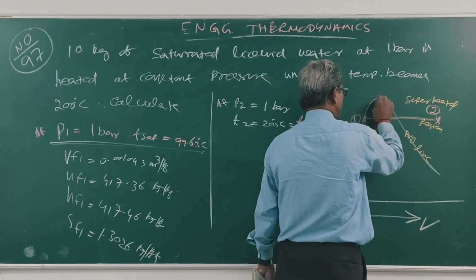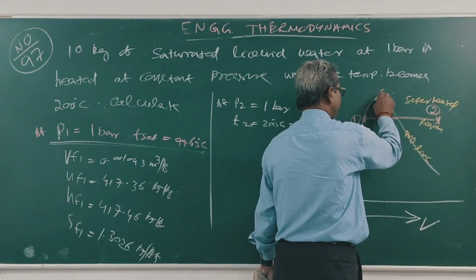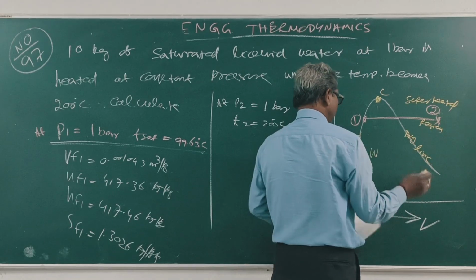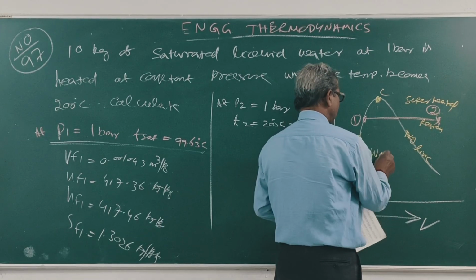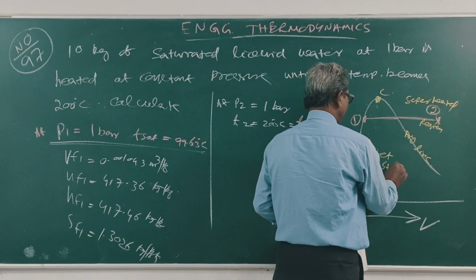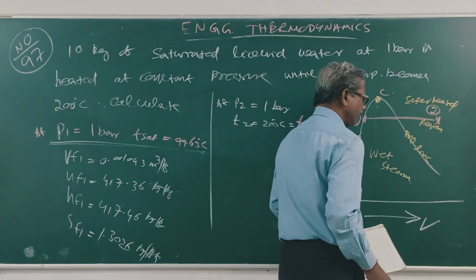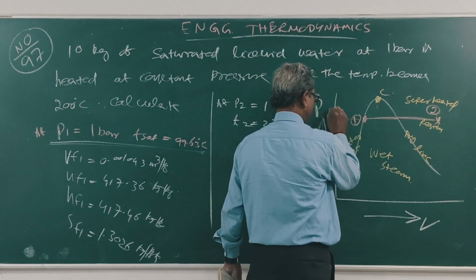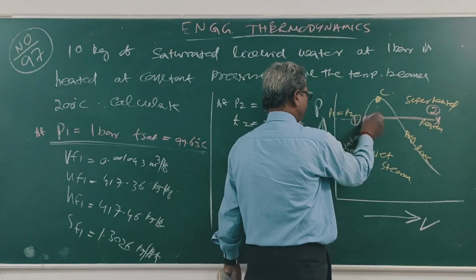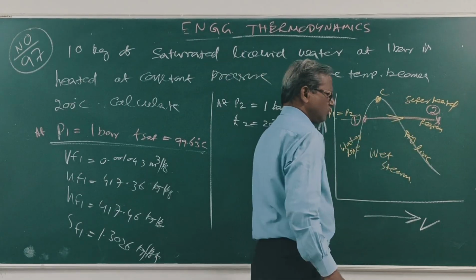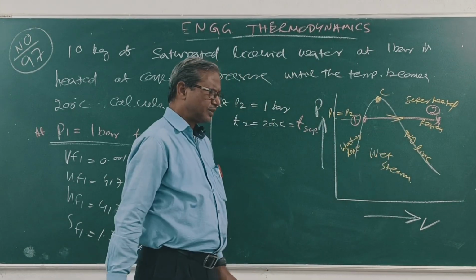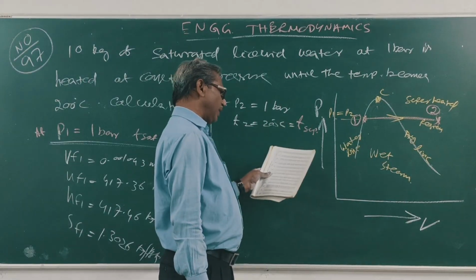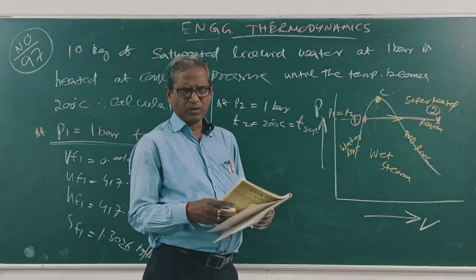This is point C, critical point C. The inside of these two lines is wet steam. This is P1 equal to P2, constant pressure.